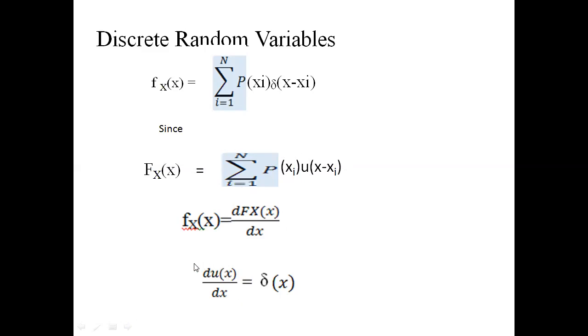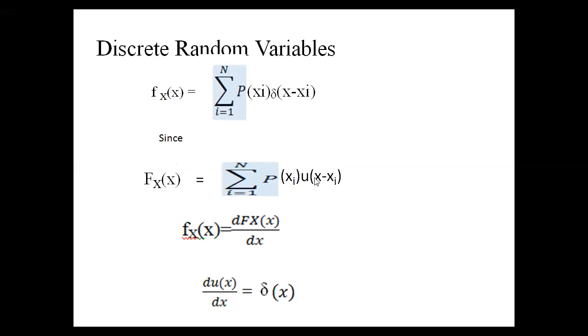We know the derivative of the unit step function is the impulse function. That's why we get the density function small fx of x equal to summation i equal to 1 to n p of xi delta of x minus xi. If we take the distribution function, it belongs to the unit step function. If we take the density function, we get the impulse function.